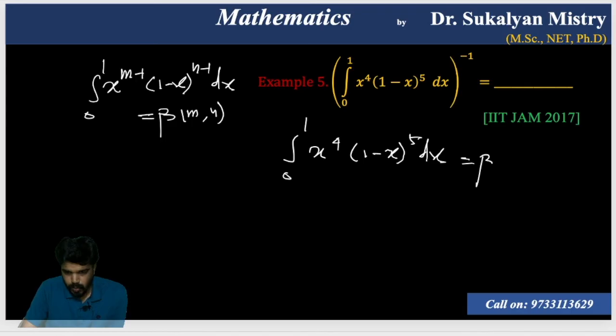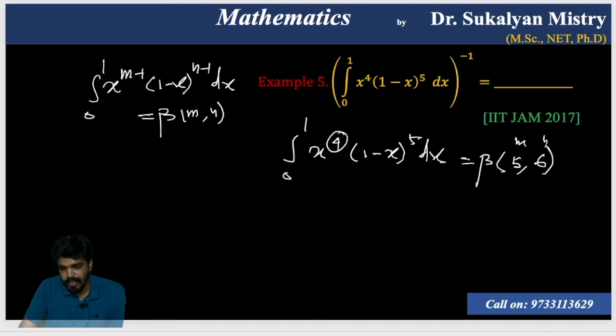So that is beta(5, 6), which is the integration of x to the power 5 minus 1, that is 4, and (1 minus x) to the power 6 minus 1, that is 5.